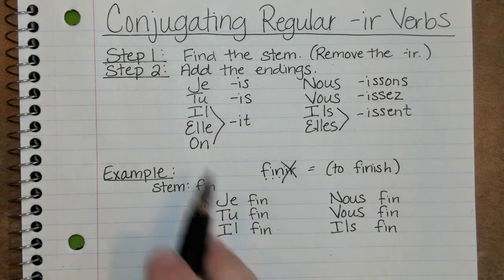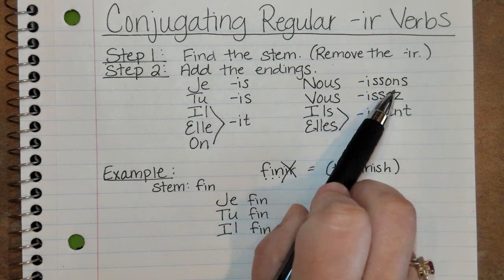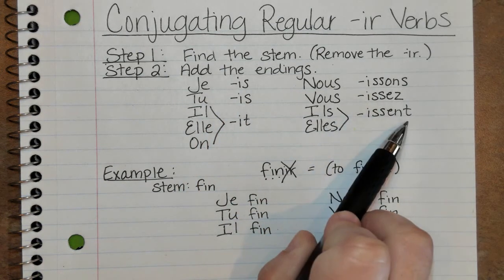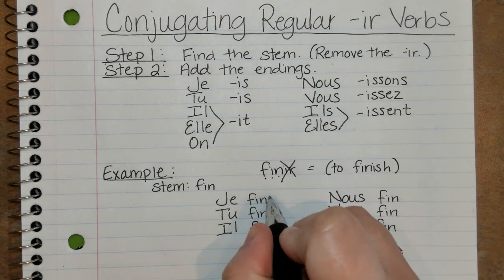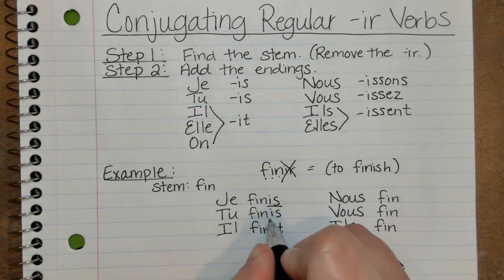Step 2 is add the endings. So these are our endings: IS, IS, IT, ISSONS, ISSEZ, ISSENT. I'll underline them so you can see them better.